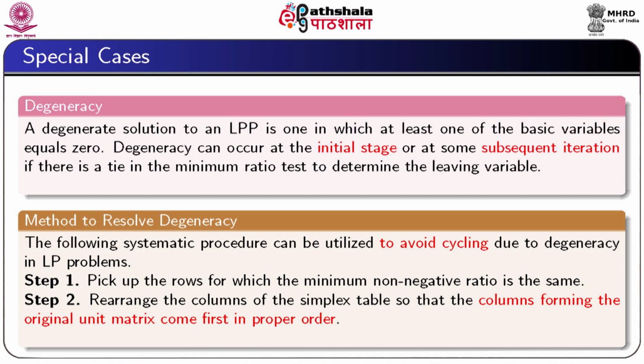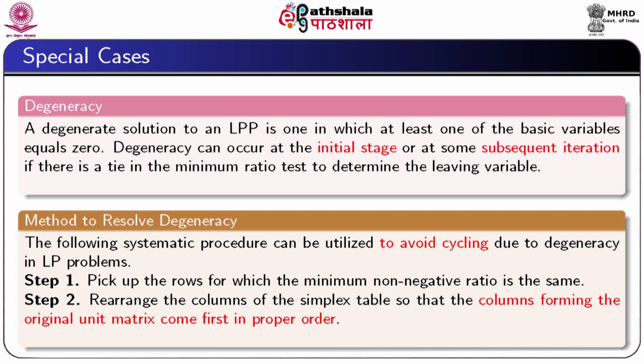On the other hand, if degeneracy occurs in some subsequent iteration, then there must be a tie in the minimum ratio test. In case of a tie, if we choose arbitrarily one and select the vector as departing vector, then the next solution is bound to be degenerate.